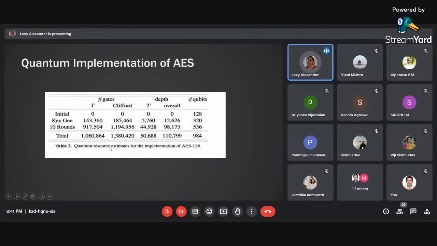For initialization, only 128 qubits are required, for the key. For key generation, KSA, totally this many T gates are required, 143,360, and Clifford gates 185,464. The overall depth of the circuit is 12,626, and the number of qubits required is 320. And there are 10 rounds, no?